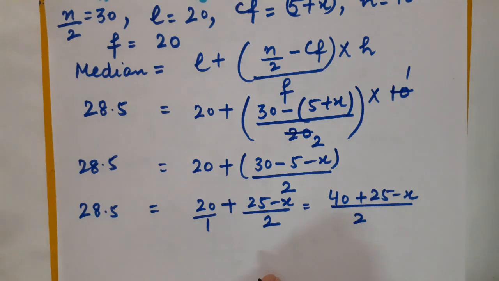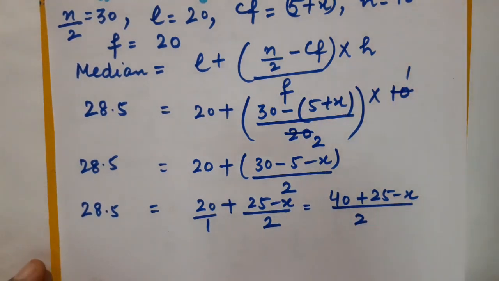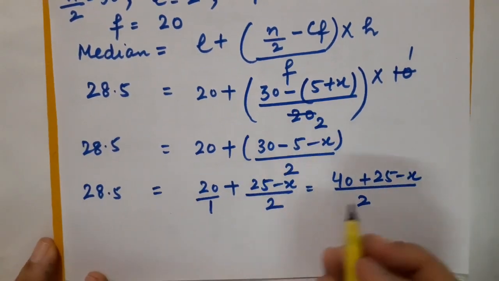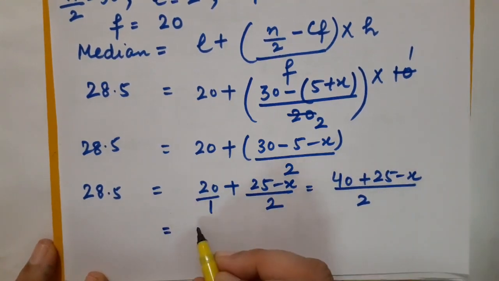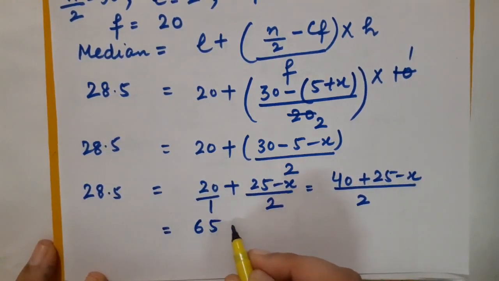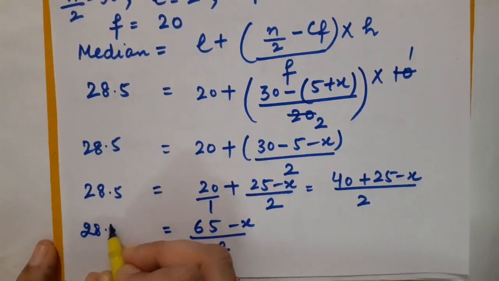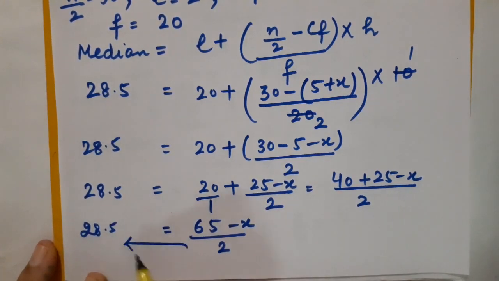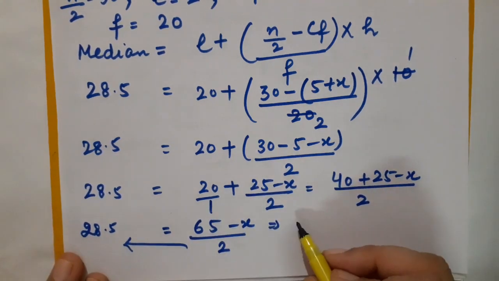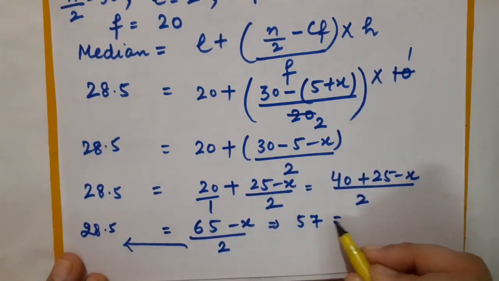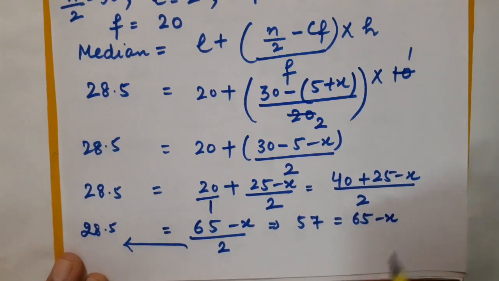That will be equal to, now I am simplifying it. I have got 40 plus 25, that is 65 minus x divided by 2. And here it is 28.5. While cross multiplying, 28.5 will be multiplied by 2, and you will get 57 is equal to 65 minus x.